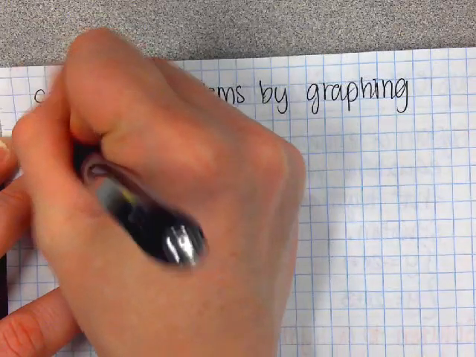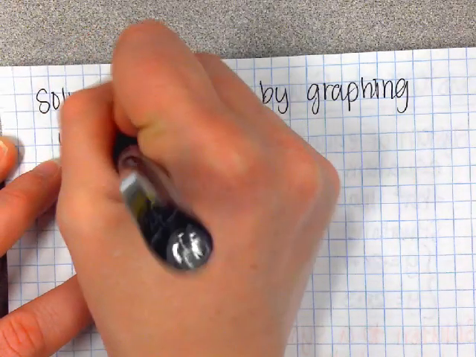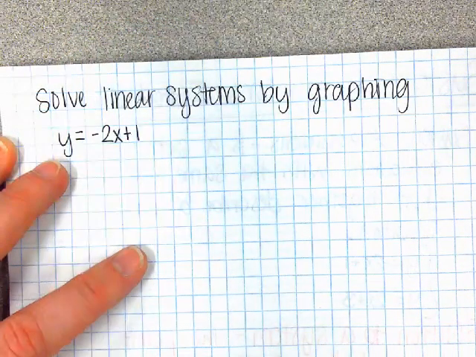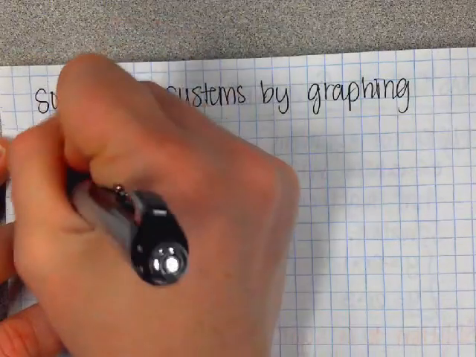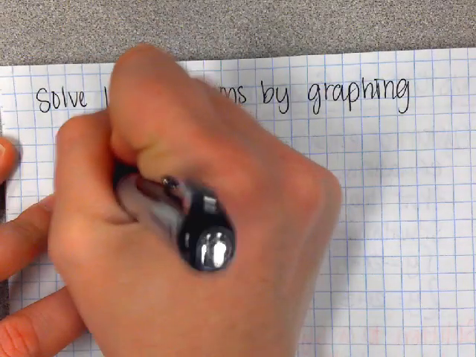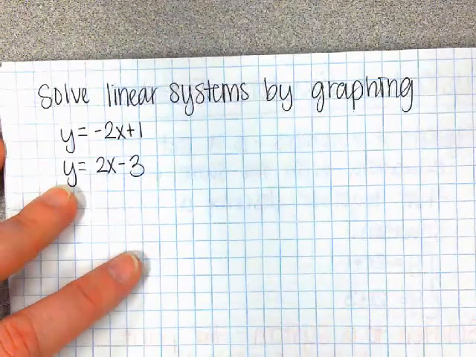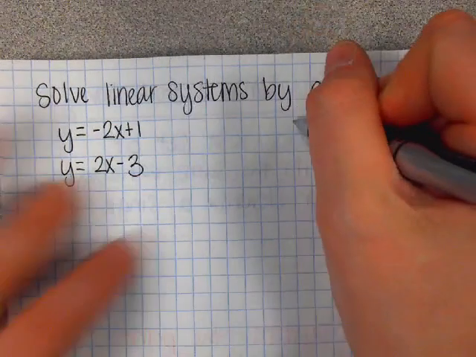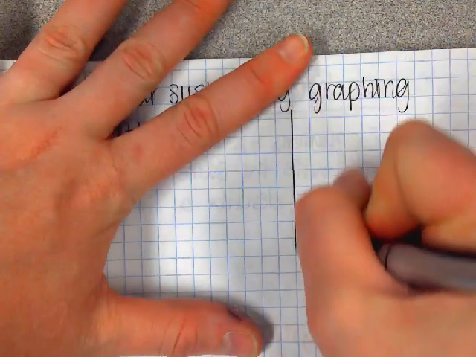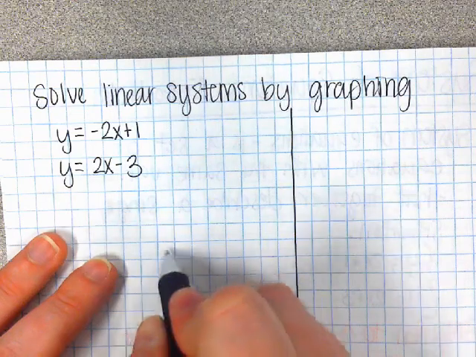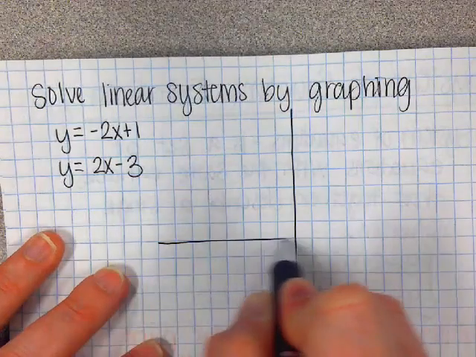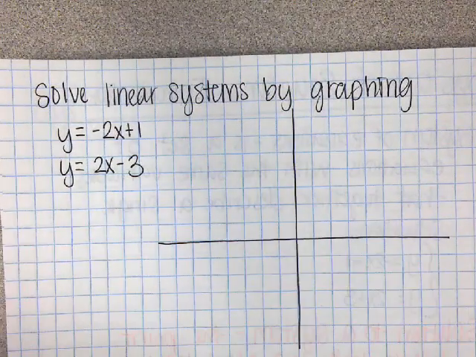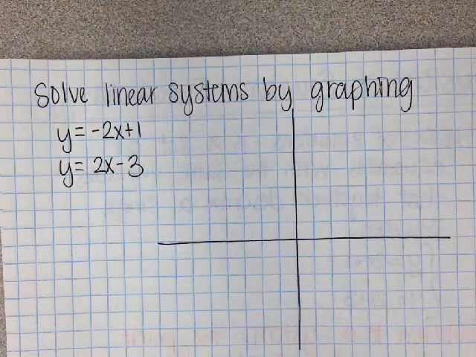So if I have y equals negative 2x plus 1 and y equals 2x minus 3. It's been a while since we've graphed lines, so I'm going to do a review of that.